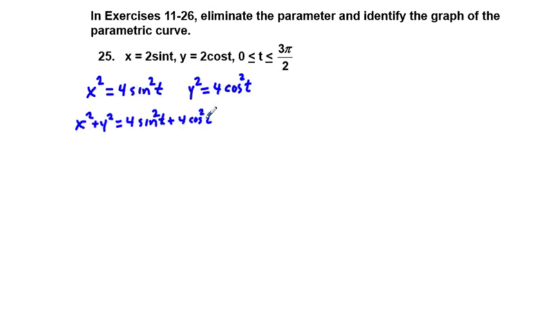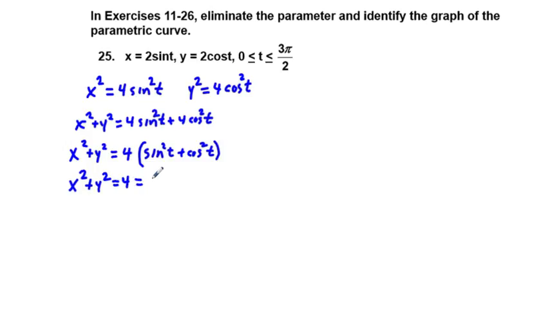Just like we had in problem 23, x squared plus y squared is equal to 4 times quantity sine squared t plus cosine squared t, and these sine squared t plus cosine squared t fall out to equal 1. So we have x squared plus y squared equals 4, which is 2 squared. So we're going to have a circle with a radius of 2.